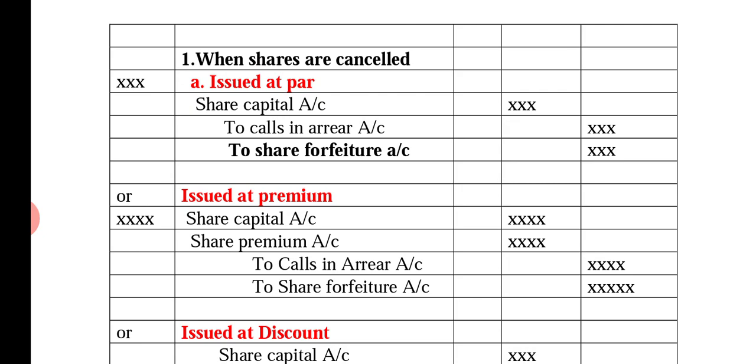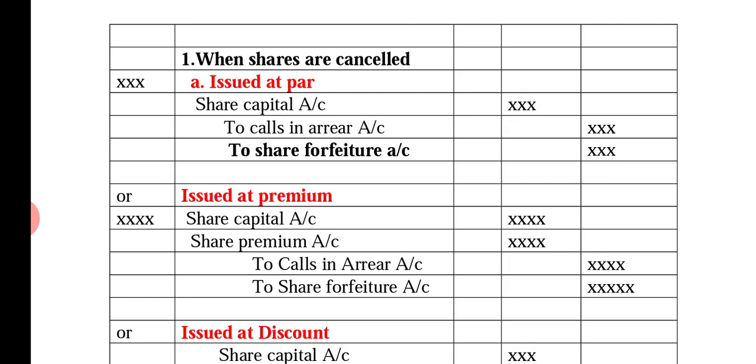In calls in arrear account, the first call amount is not paid, so 2 rupees is written on the credit side, and the remaining 5 rupees is entered in the share forfeiture account. Here share capital 7 rupees and share premium 1 rupee, so a total of 8 rupees is debited. Calls in arrear 2 rupees and share forfeiture 5 rupees, so only 7 rupees is credited.